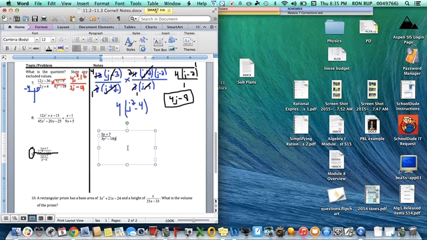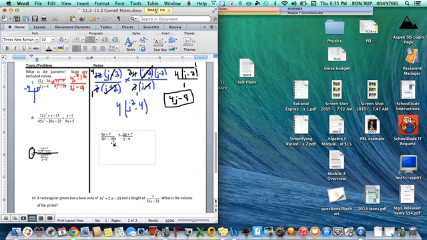And then it's the division symbol, which I believe is right there. And then our next fraction, 5y plus 7 over y minus 6.